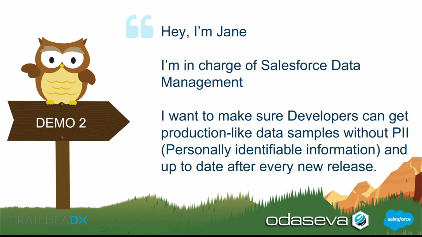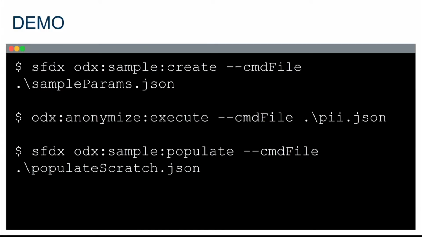And scenario number 2: the developer might do this every day on a very recurring basis, but once in a while, you might want to refresh the sample of data to have the new data model transmitted to the developer. And you might want to remove sensitive, confidential information you don't want to share with the developer. So now, Raf is going to go through the demo on command line.